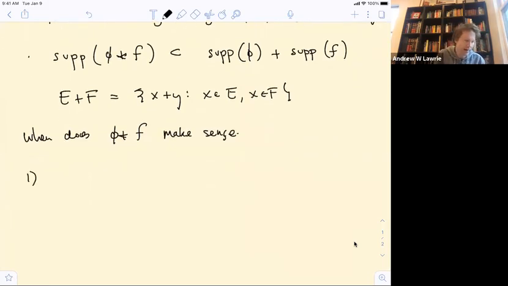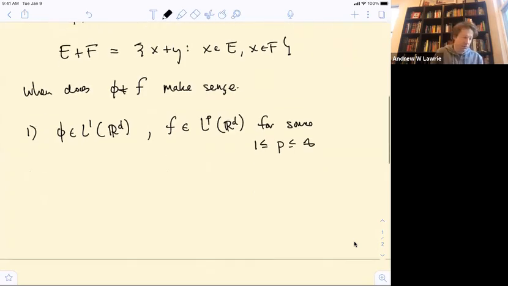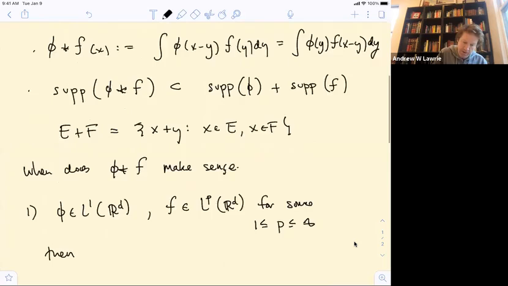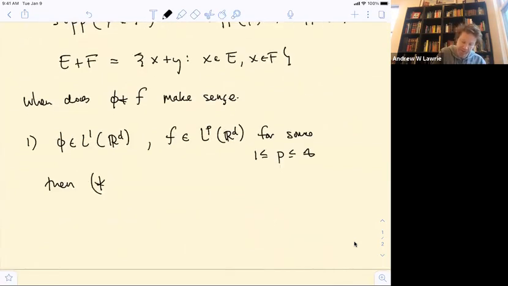Well, if phi is in L1 of R^d, and f is in L^p of R^d for some p between 1 and infinity, then, let's call this convolution definition star, star is absolutely convergent. It's integrable.